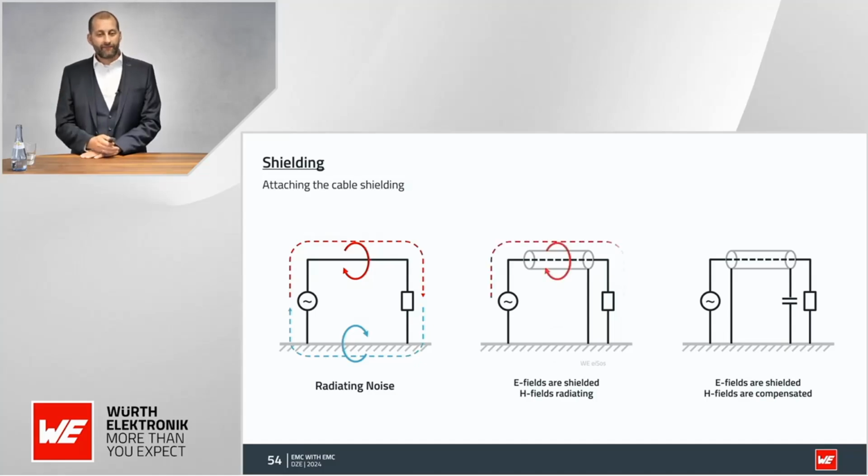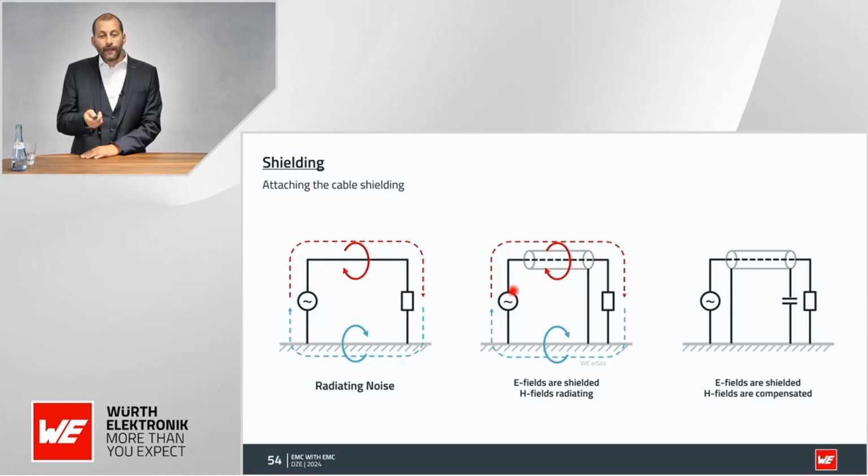What happens if you attach it on one side? First of all, it's not one cable you can see here, it's more a cable tree, so more than one cable. The idea is you have some kind of noise current going on your cable. This current will not go over your shielding because it's only attached on one side and current needs attachment on both sides.